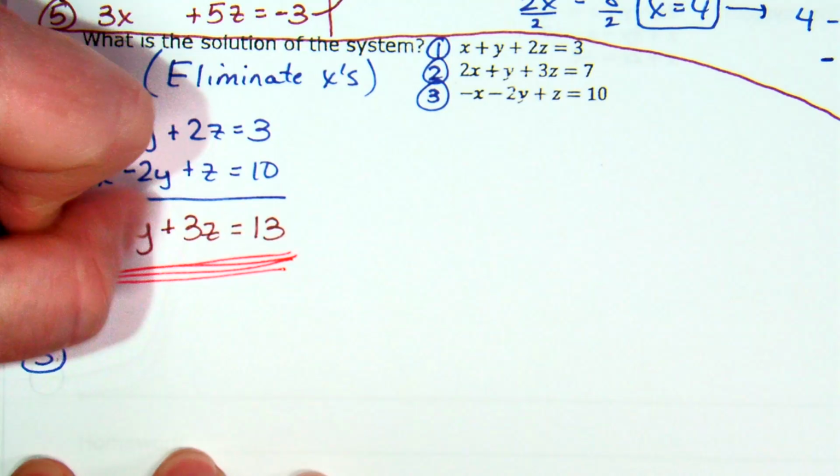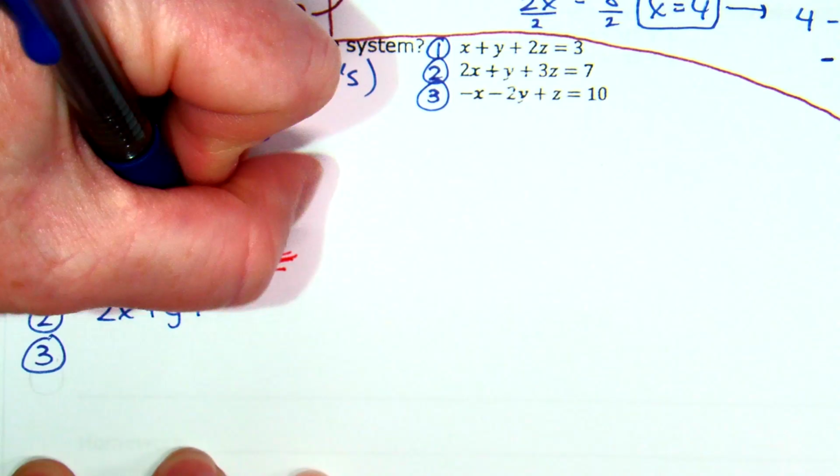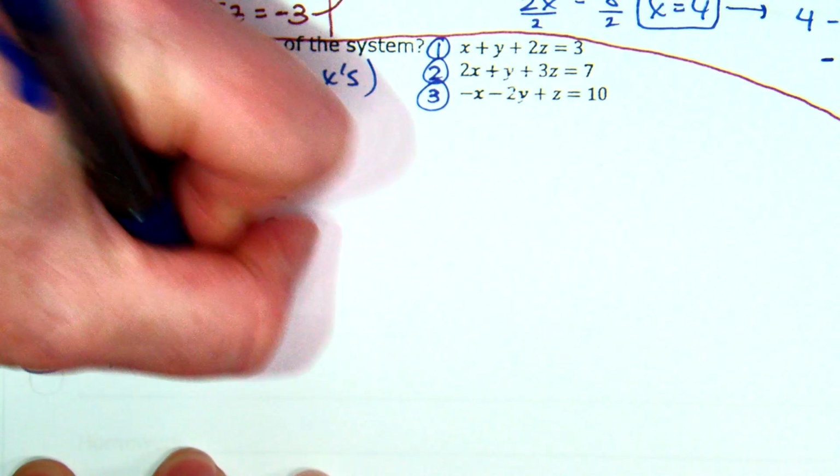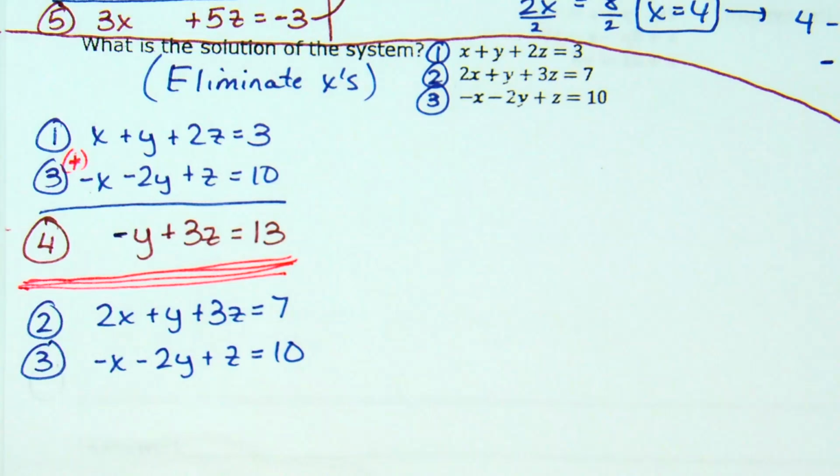So I'm going to write down 2 and 3. 2x plus y plus 3z equals 7. And negative x minus 2y plus z equals 10.